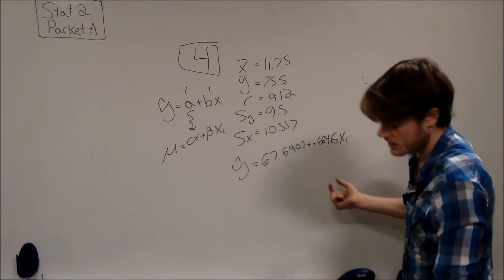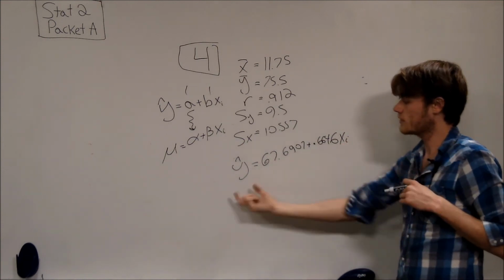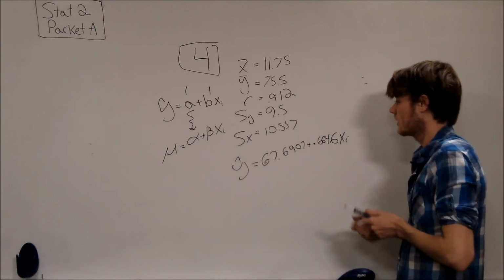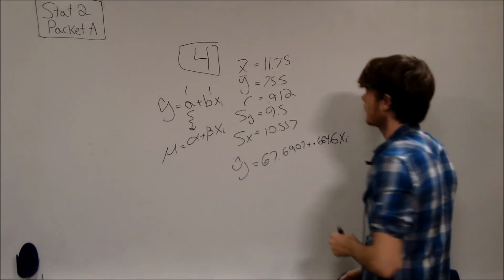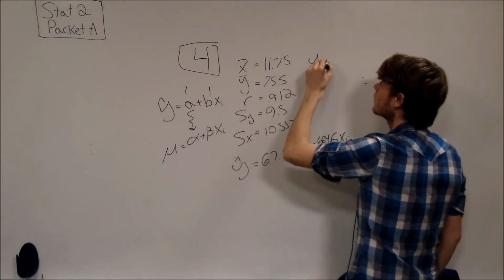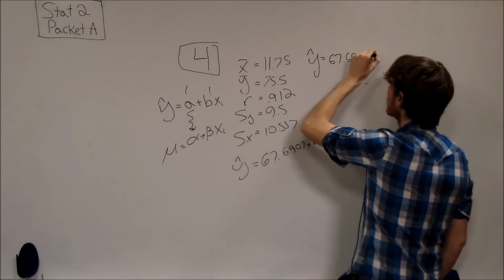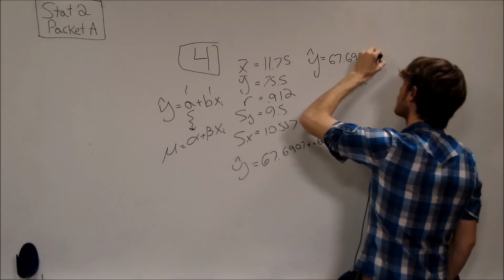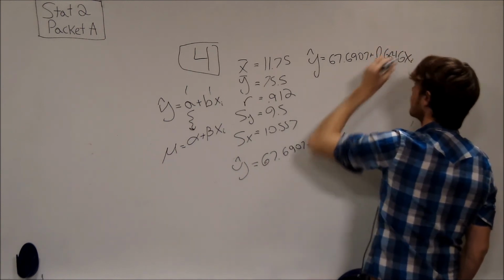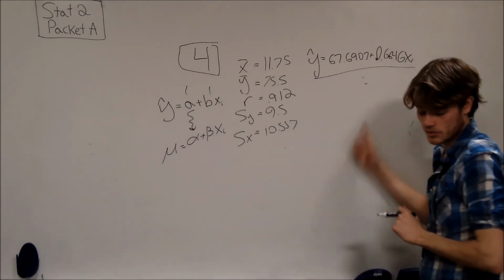Okay, so what this means is that if you plug in the amount of years a person ran, it'll give you a predicted value for how long they lived. Okay, so we have our equation. We'll write it up here to save space. Y hat equals 67.6907 plus 0.6646 x. Okay, this is our regression equation. This is really what we want.